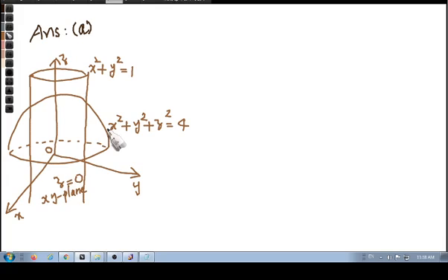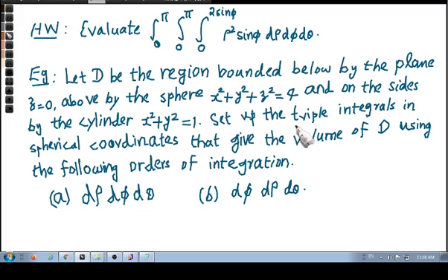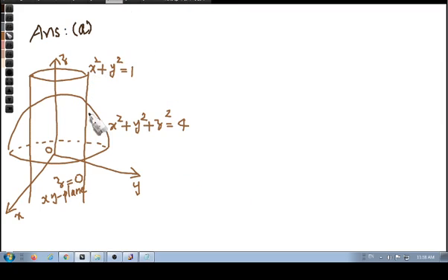Then on the upper side by x square plus y square plus z square equal to 4, that means a sphere of radius 2. So this is that sphere of radius 2, and on the sides by the cylinder x square plus y square equal to 1. The axis of the cylinder is the z axis.